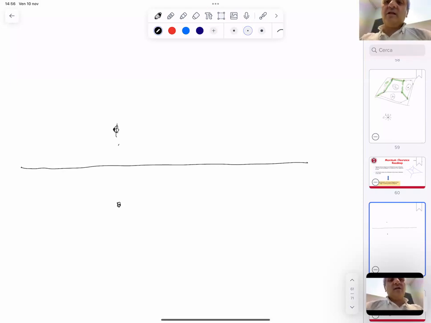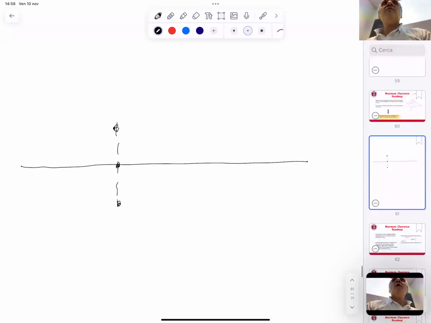Suppose that the other point is roughly here. So you take the line joining the 2 points, you draw a perpendicular to this line, and this is the locus of all the points that have equal distance from these 2 obstacles.